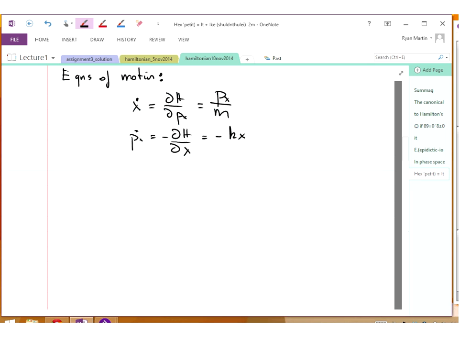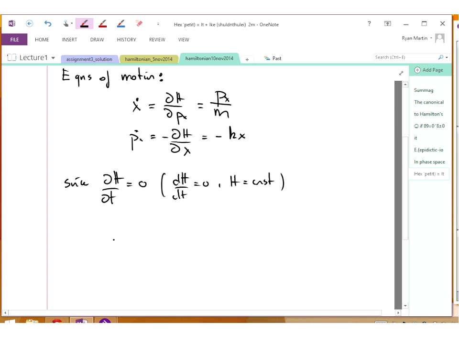So let's go back to the Hamiltonian and notice that the Hamiltonian is a constant, right? So since ∂H/∂t equals 0, then dH/dt also equals 0, and H is a constant.